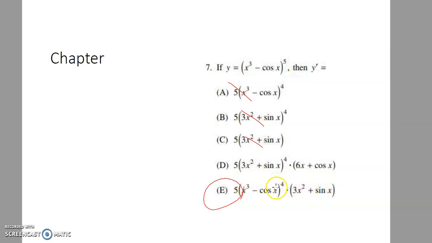Oh yeah, sorry. This one has 5 to the 4th, but then it doesn't have the old innards in there. It has the derivative piece in there, right? Here, it's written kind of flipped from how we normally do it in class, but it's 5 times the chain rule piece, the derivative, and then to the fourth, right? So the answer is E.